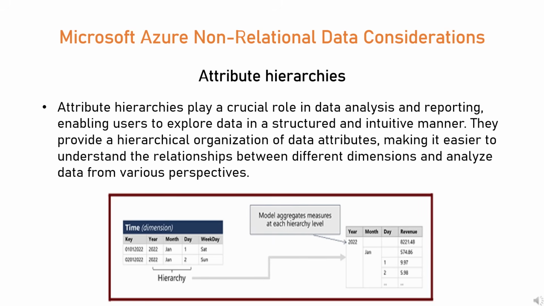Attribute hierarchies play a crucial role in data analysis and reporting, enabling users to explore data in a structured and intuitive manner. They provide a hierarchical organization of data attributes, making it easier to understand the relationships between different dimensions and analyze data from various perspectives.